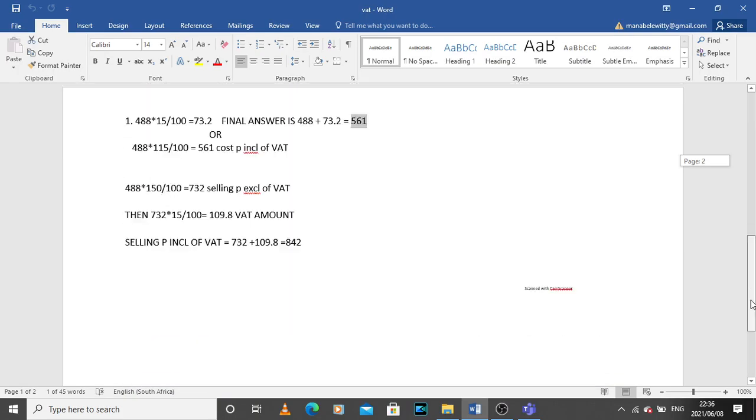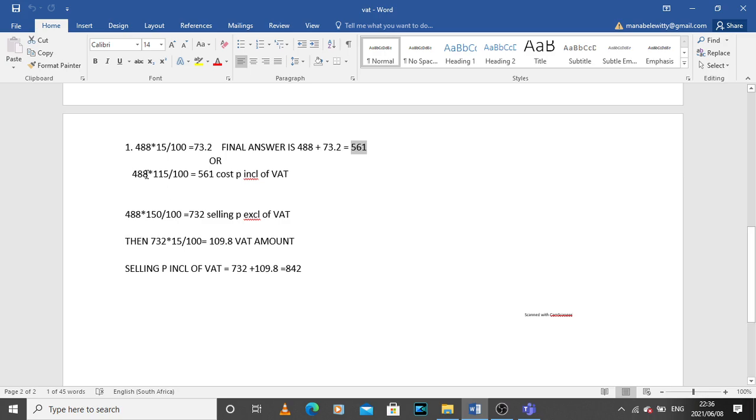In an easier way, since we've taken 488 as 100%, you can add 15% to 100%, which results in 115. So 115 divided by 100 multiplied by the 488 gives us the cost price inclusive of VAT, the 561.